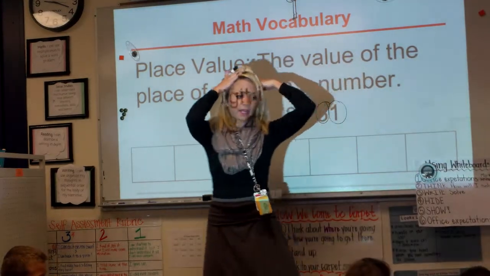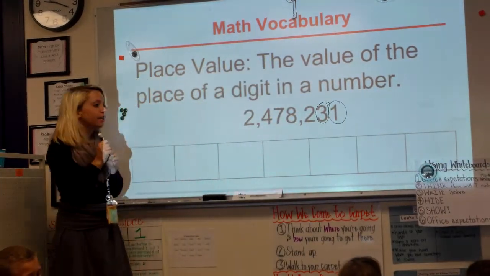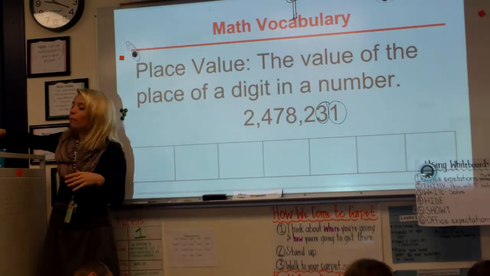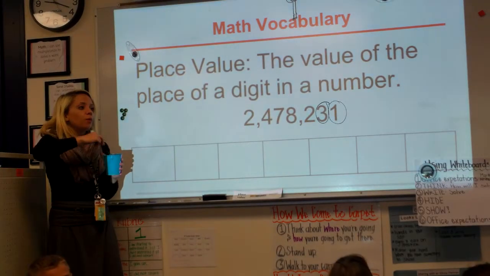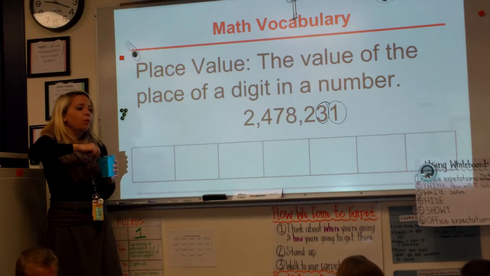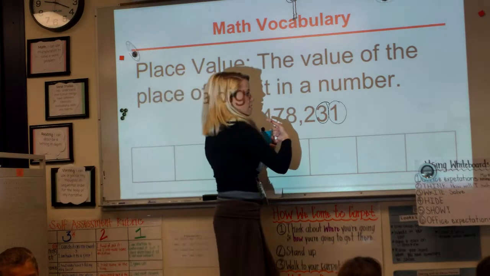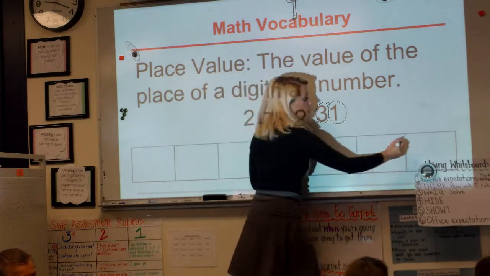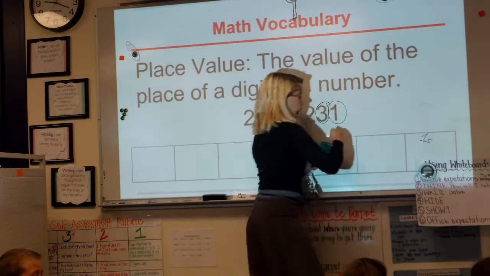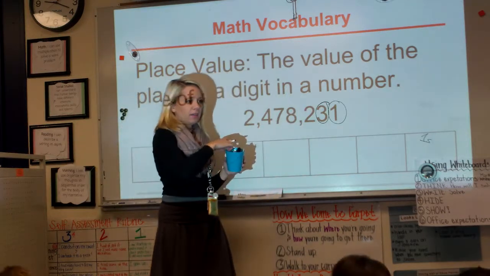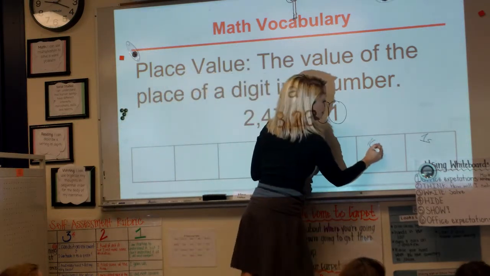Thank you, JC, for responding to our signal with your eyes and ears. I'm going to quick draw name sticks, and I want you to tell me, when I tell you the digit, what is its place value. Jaden, what is the 1 place value? Ones. JC, what place value is the 3 in? The 10s.